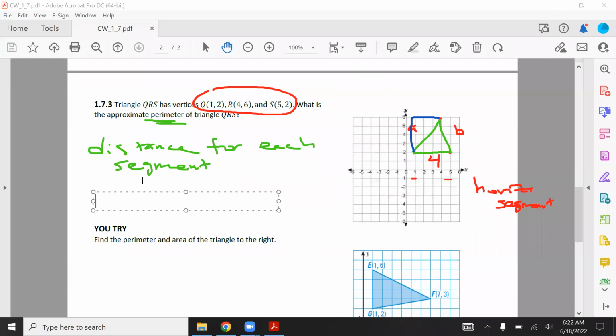All right, let's keep moving here. Anyway, so let's go ahead and figure this out. 2, 3, 4. 4. 1, 2, 3. Okay. So you've got to do the Pythagorean theorem here.